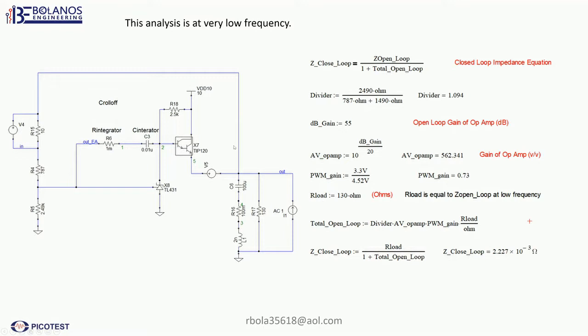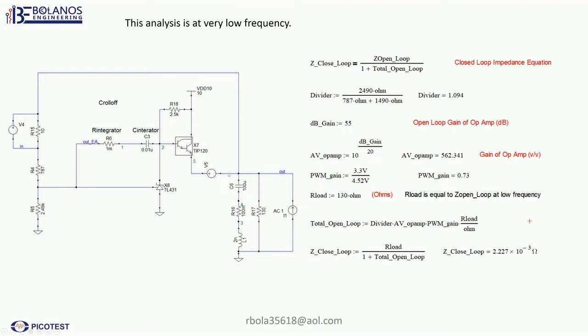Basically you cut here, this is the feedback, and you start at this point and get the transfer function of your divider, and then the internal op amp inside the TL431, and then typically you would go through a PWM, but in this case we're going through a transistor.